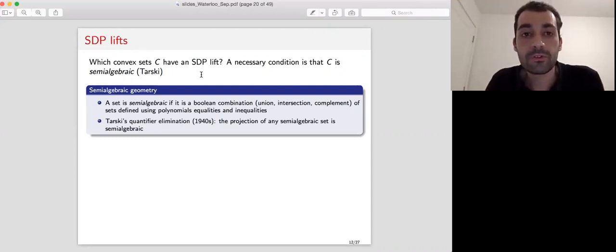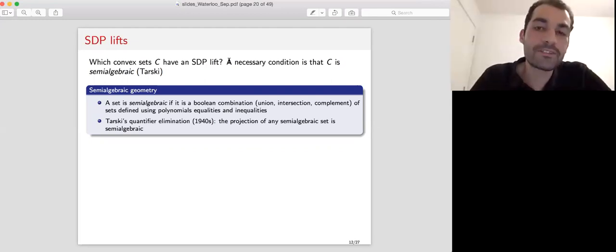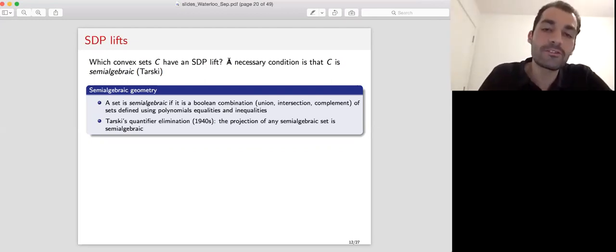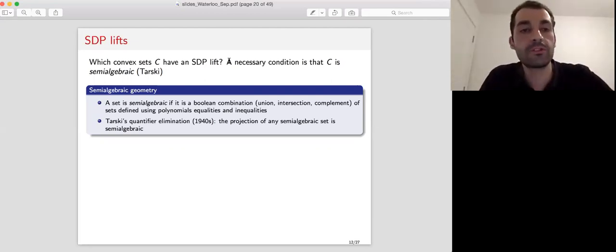So there is one kind of necessary condition that is somehow obvious, which is that the set C has to be semi-algebraic. A set is semi-algebraic if it's defined essentially just using polynomial inequalities and equalities, and you're allowed to take any Boolean combination of such conditions.